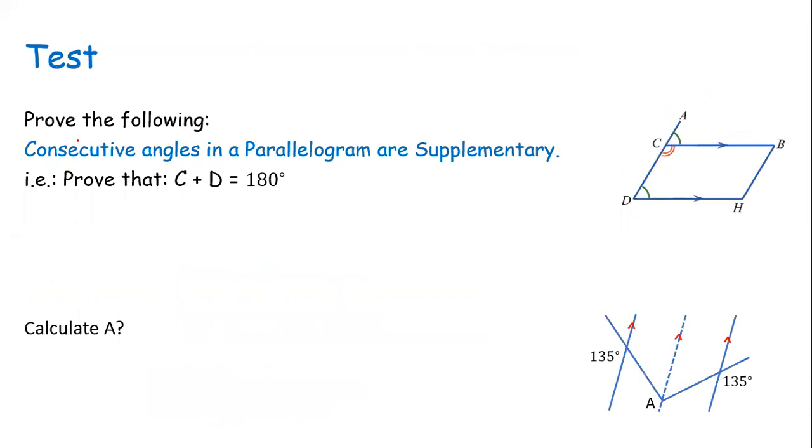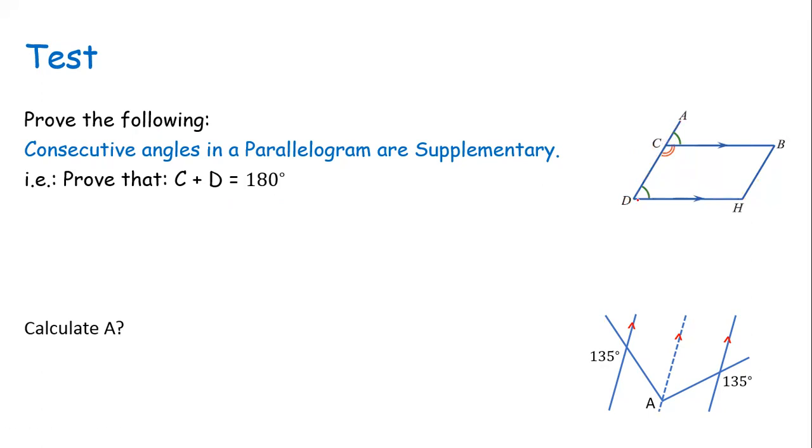So here, prove the following: consecutive angles in a parallelogram are supplementary. So here we have CBHD, a parallelogram, and we want to prove, for example, that C plus D is equal to 180 degrees. For this reason, and as we see here, we can extend DC.